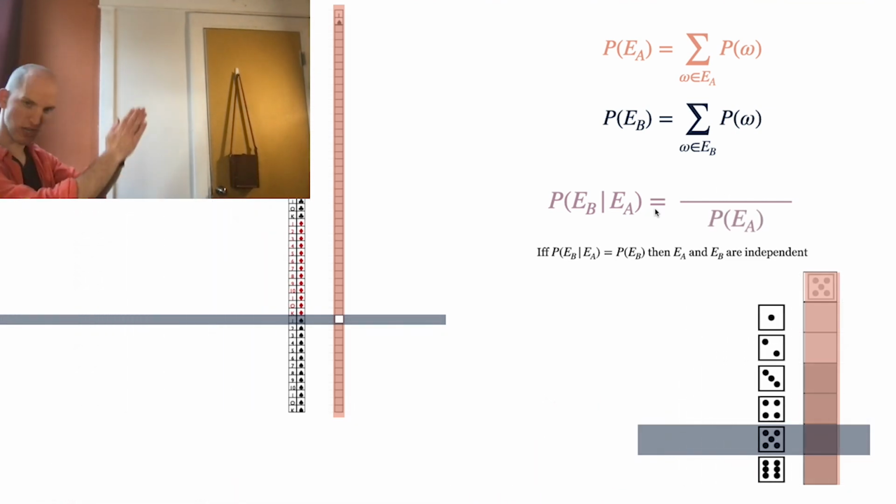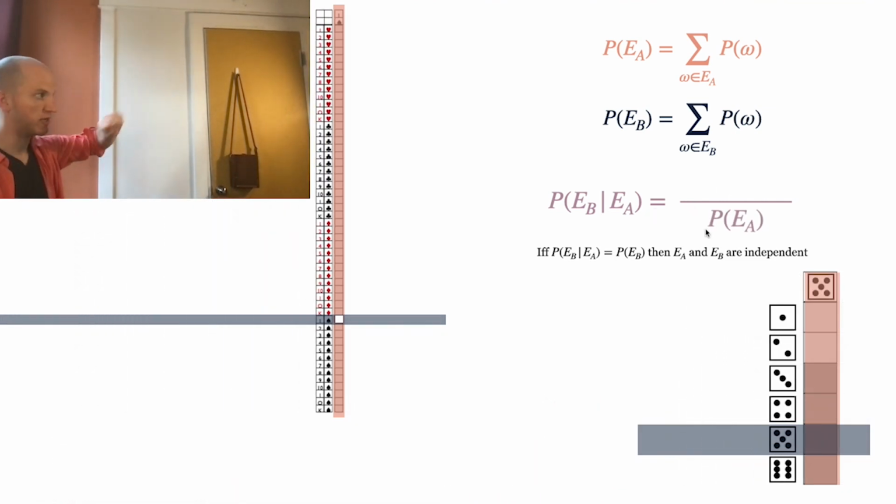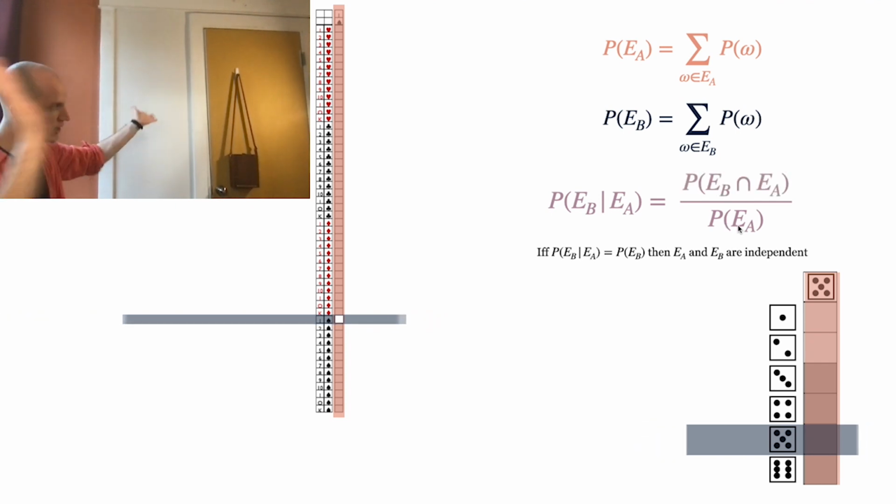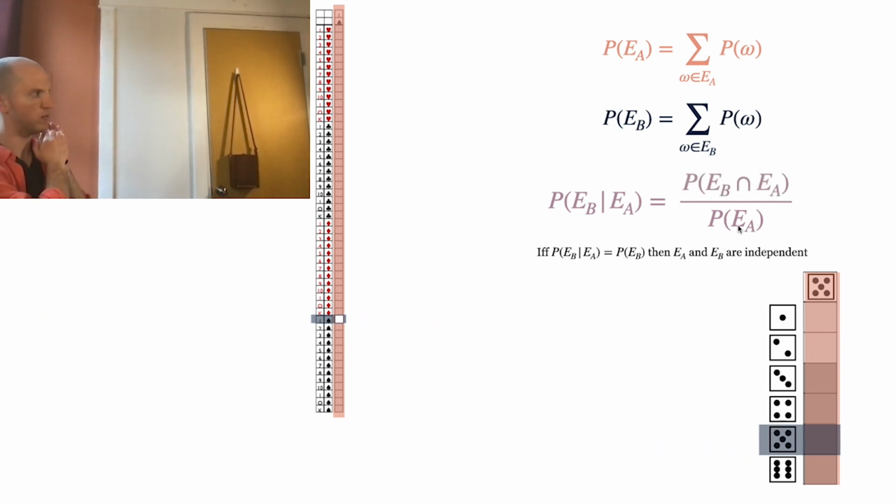We're still limiting ourselves to just event A, looking at all the weight that's in event A, and we're limiting the weights of event B that we're interested in to just the ones that also qualify as being inside of event A. Event B and event A. Add up all those ones.